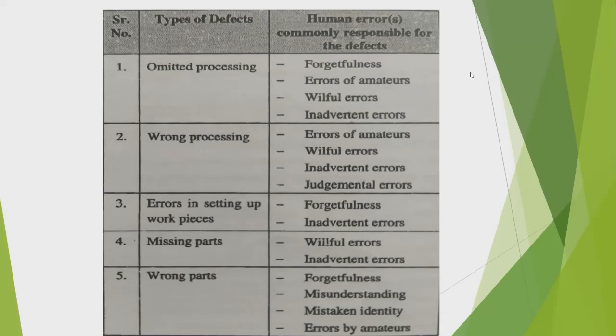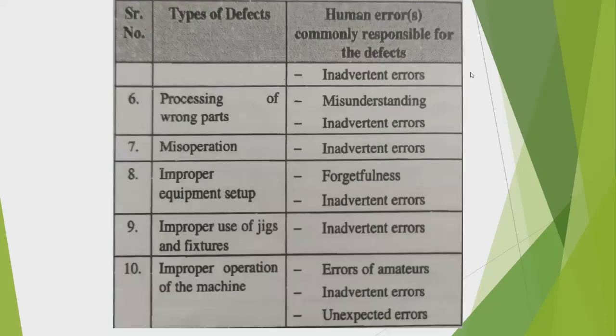Errors in setting up workpieces: forgetfulness, inadvertent errors. Missing parts: willful errors, inadvertent errors. Wrong parts: forgetfulness, misunderstanding, mistaken identity, errors by amateurs. Processing of wrong parts: misunderstanding, inadvertent errors.